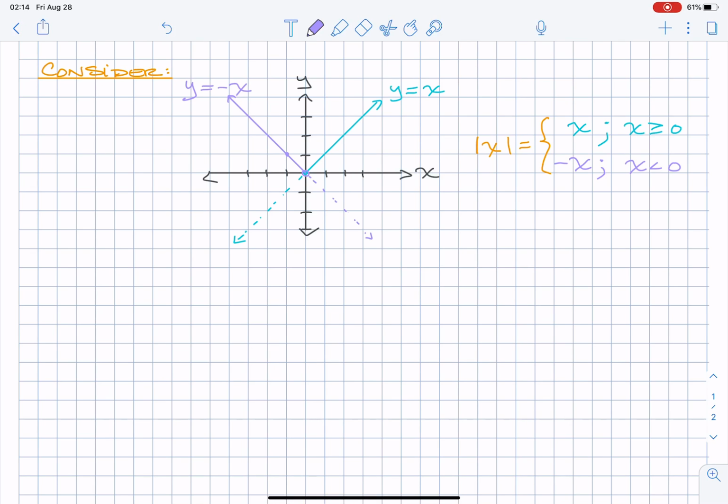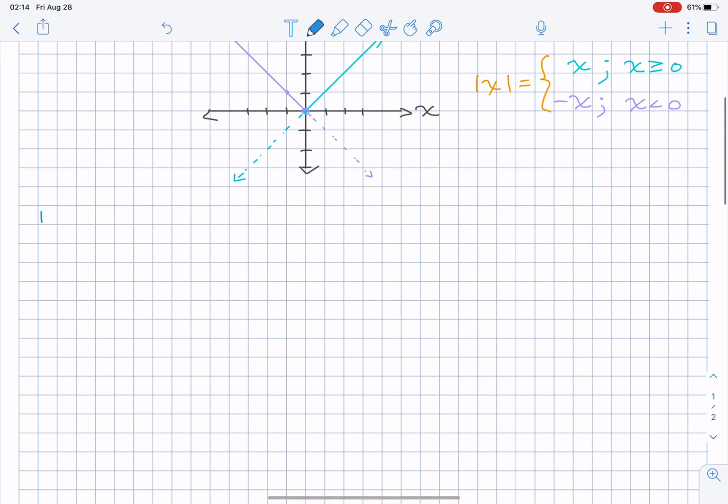Okay, so let's define now the absolute value function formally as a piecewise defined function. So definition.